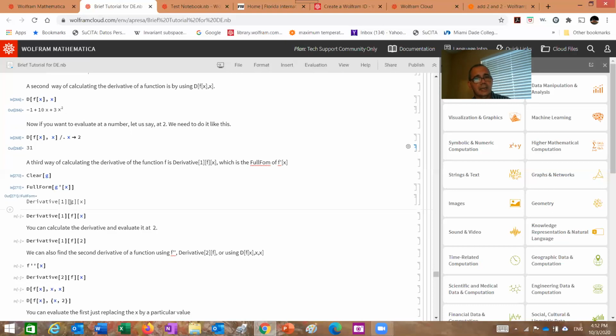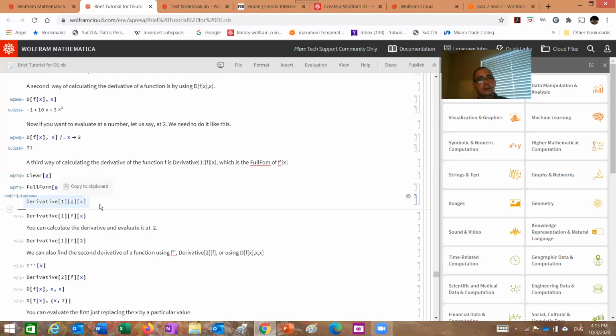Then you see that the full form of this expression has a 1 in the first place between brackets, then the g between brackets, and then the x between brackets. This is telling you that you are finding the first derivative of g. The 1 means first derivative of g, with respect to x.